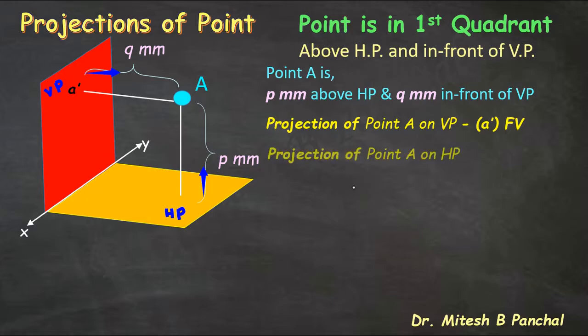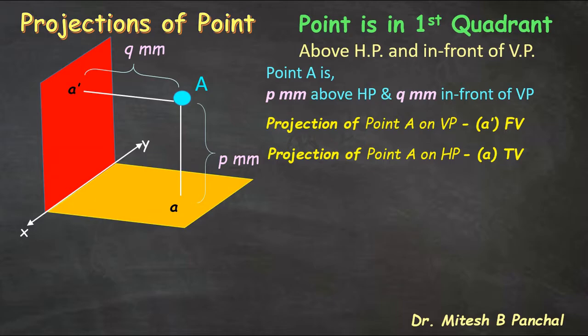We also know that the projection of a point on HP is the top view, that is small a. When we obtain the projections of point A on HP and VP, that is the front view and top view, we also know how to draw them on a single plane.